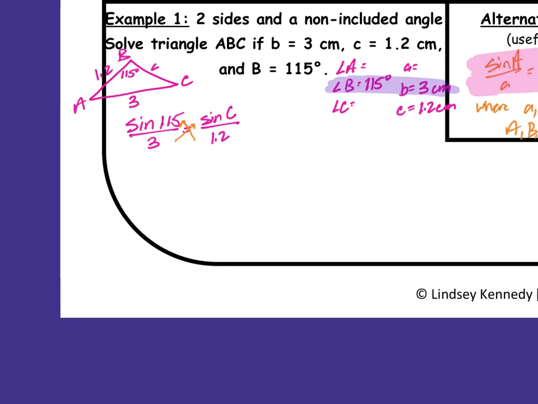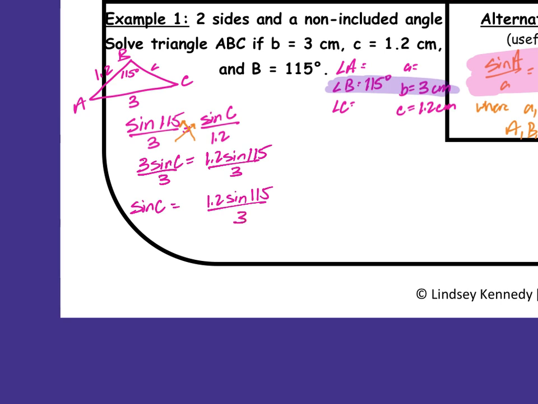So when I cross multiply, I have 3 sine of C is going to equal 1.2 sine of 115. So my variable is sine of C, so I'm going to divide by 3 to get that by itself. So sine of C is going to equal 1.2 sine of 115 divided by 3.